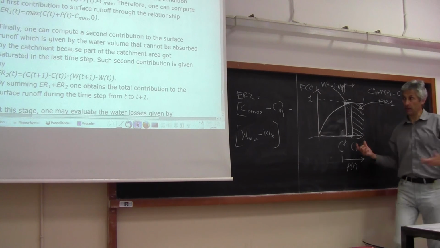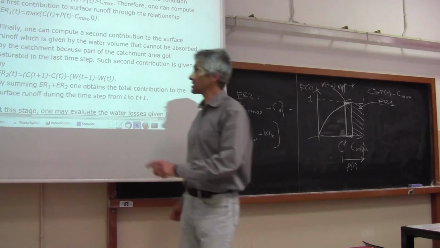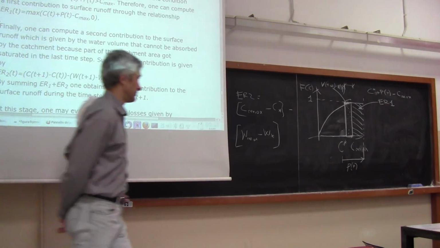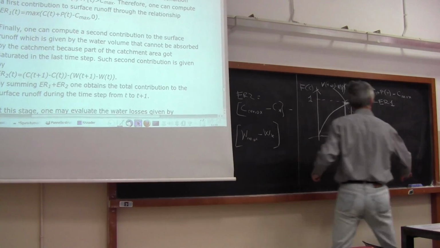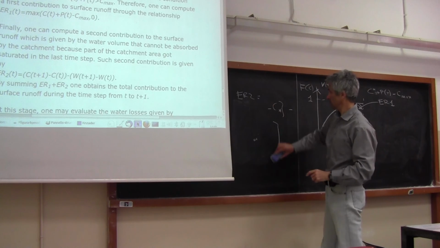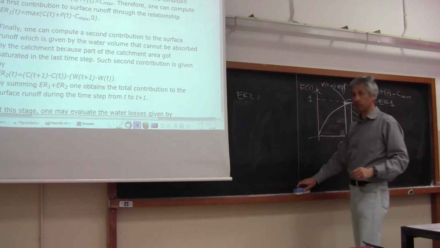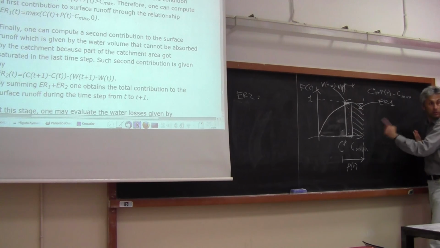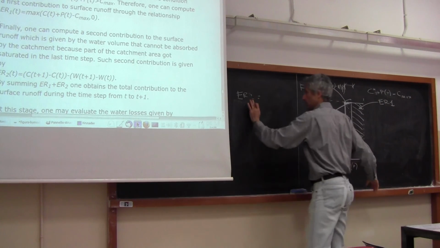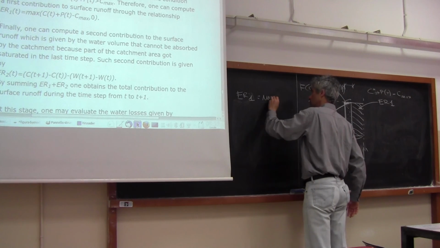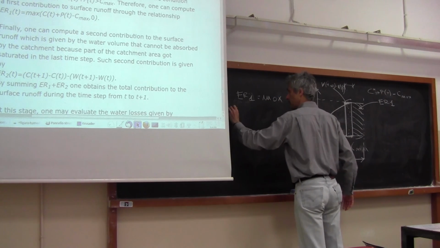And what is ER1? If you look at ER1, it is just the maximum. So let me delete here and write ER1. Let me prove that ER1 becomes equal to the area of this rectangle. So ER1 is equal to the maximum between what?